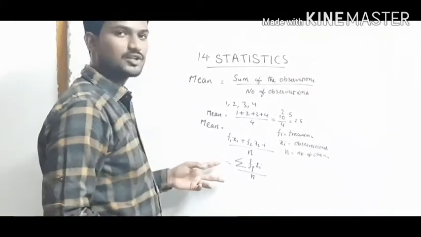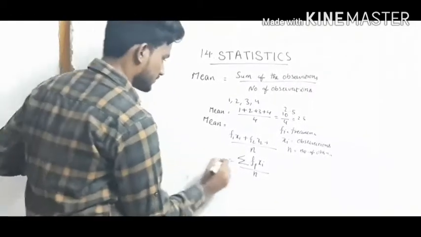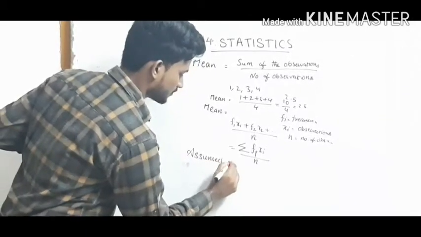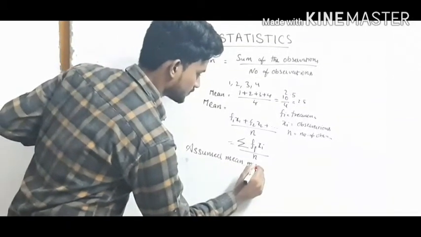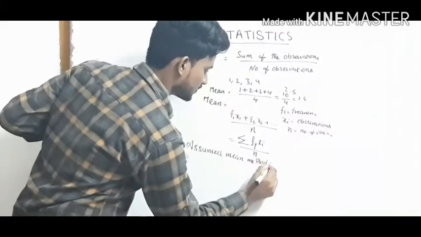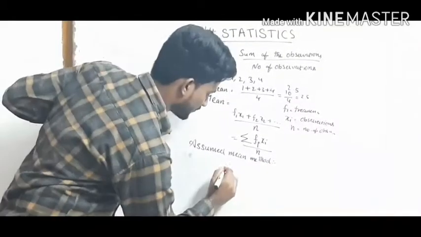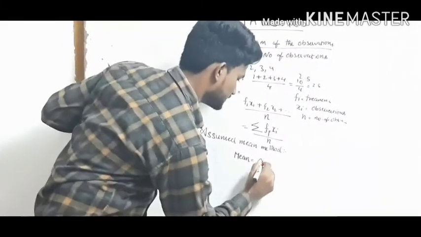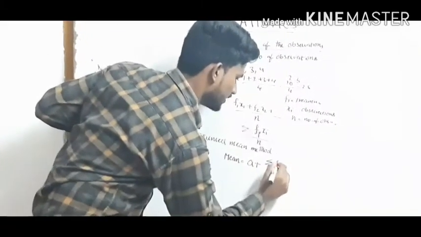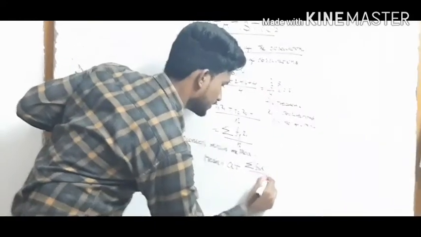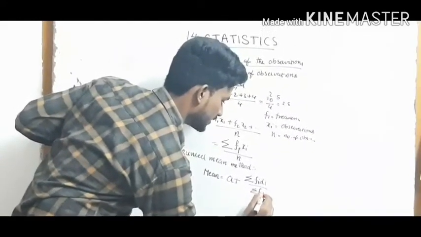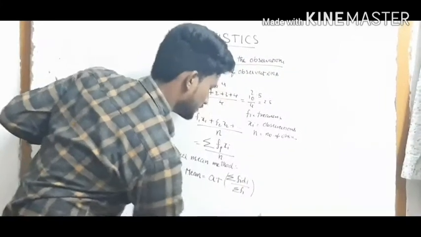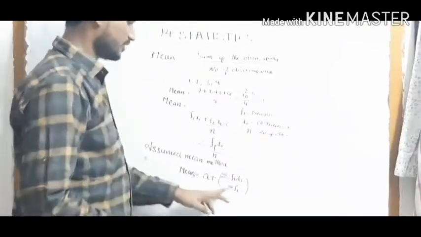There are another 2 methods. That is the assumed mean method. In this method, the formula for mean is mean equals a plus sigma fi di by sigma fi.